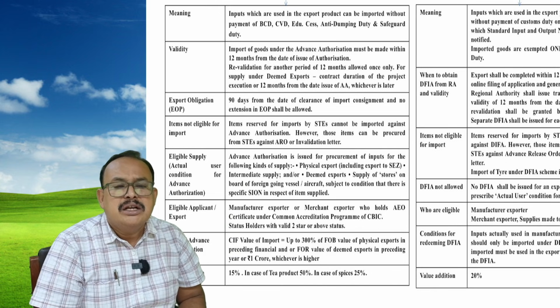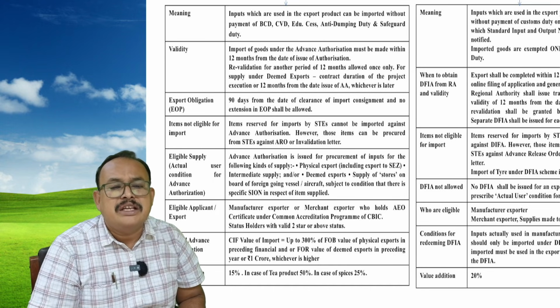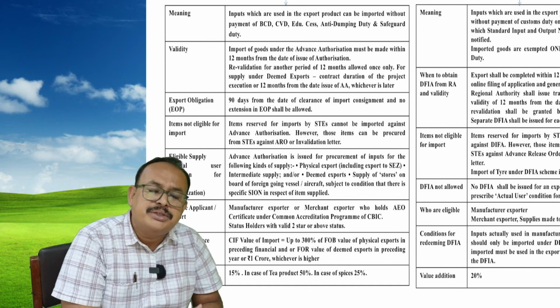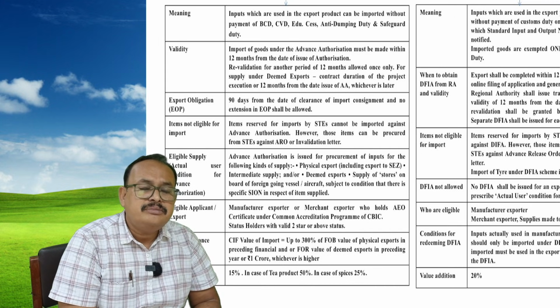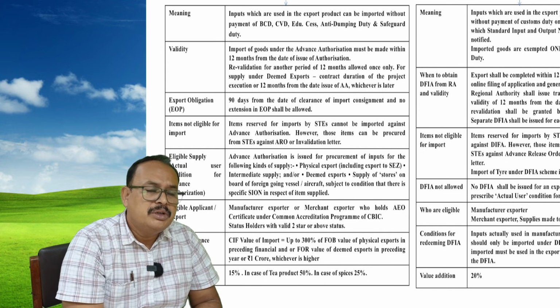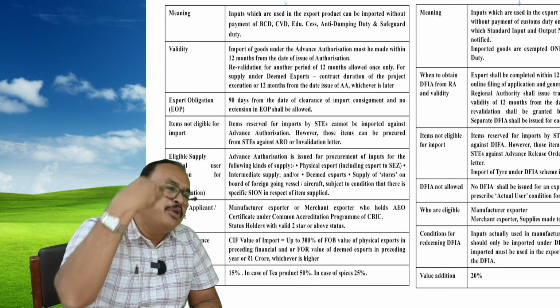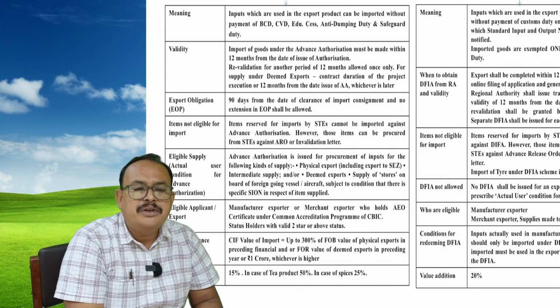Here, referring to you, 300% of the FOB value of physical exports in the preceding financial year or 1 crore. Previous year export performance, how much? FOB value of exports. Physical performance means what?